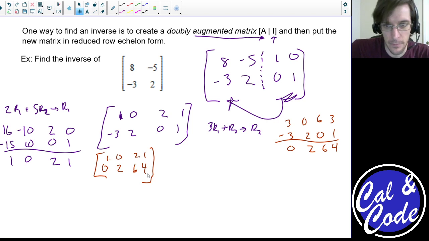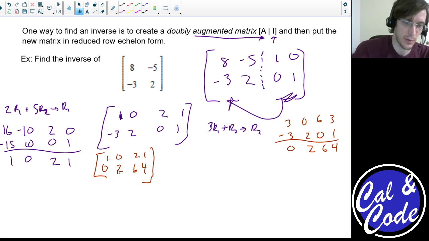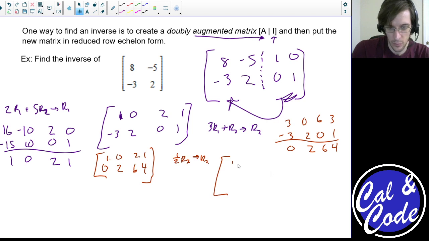Okay, so now to finish this up, I'm going to try to get that second row's leading term to be a 1. To do that, I'm going to take row 2 and I'm going to half it. When I do that, that gives me 1, 0, 2, 1, 0, 1, 3, 2.